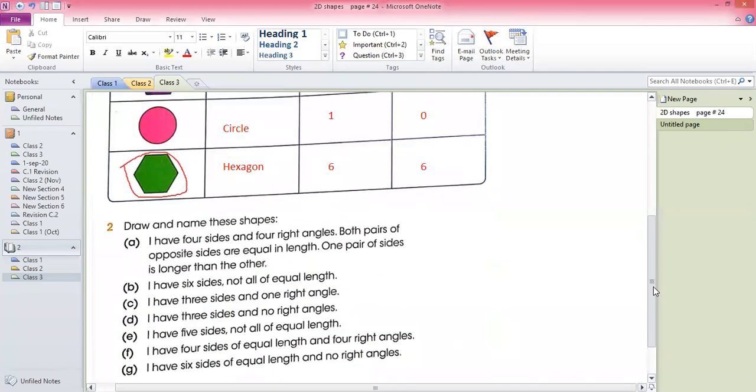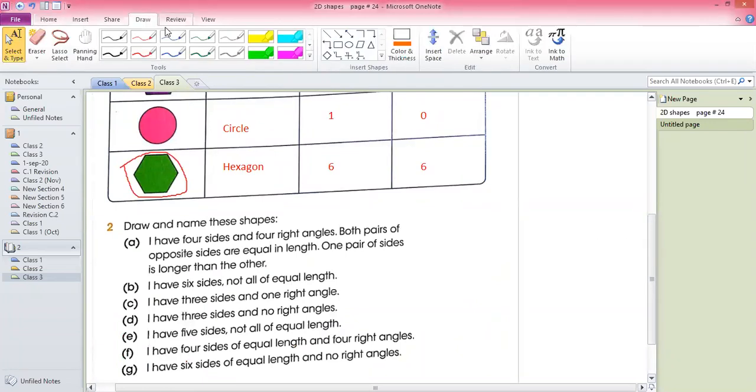Coming to question number 2. Draw and name these shapes. You will not draw it because you have already drawn it in a notebook, so I'm going to cancel it. Just name these shapes.